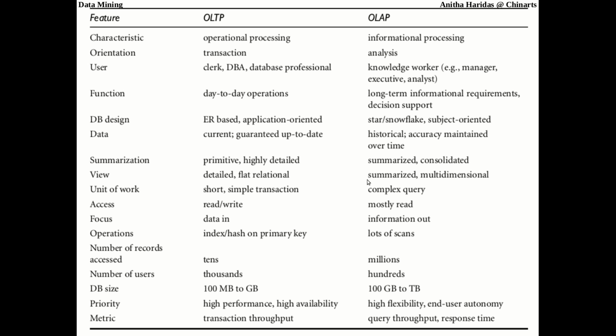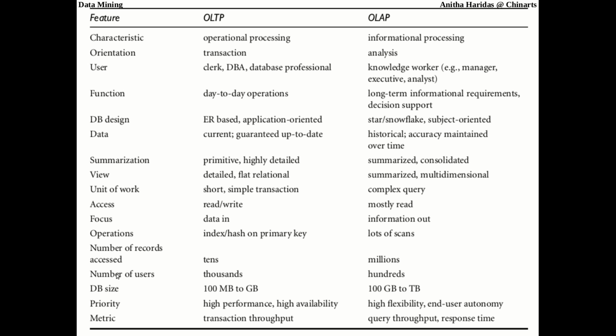So we have seen in the pyramid, the transactional processing systems are at the bottom of the pyramid, and the knowledge, or you call them executive systems, are at the top of the pyramid.